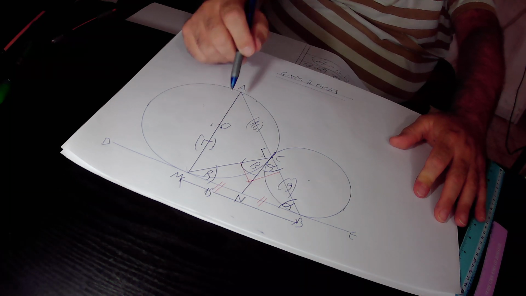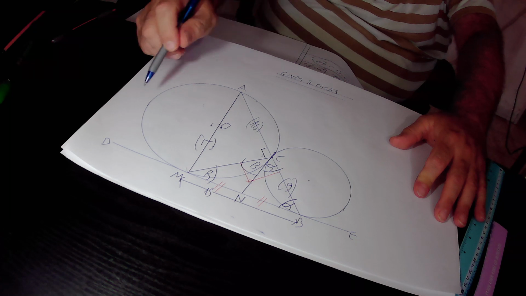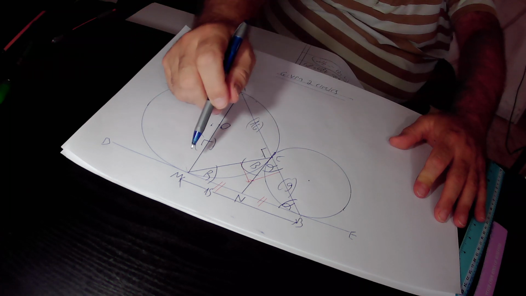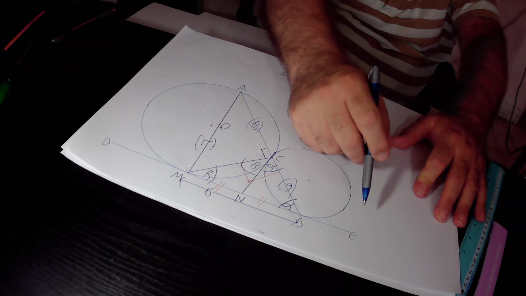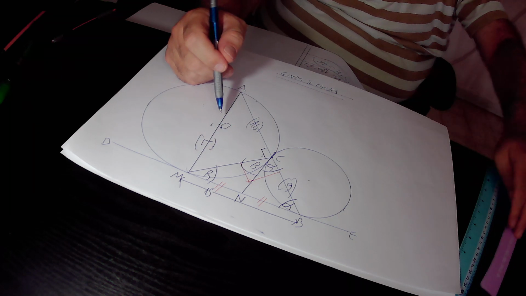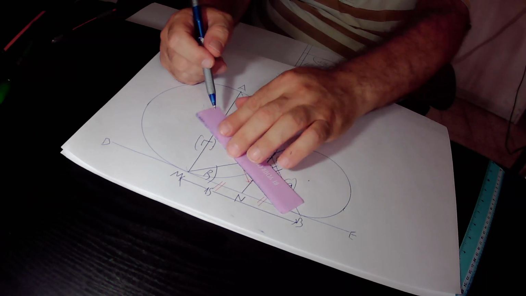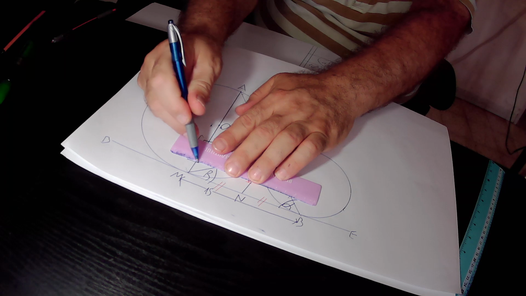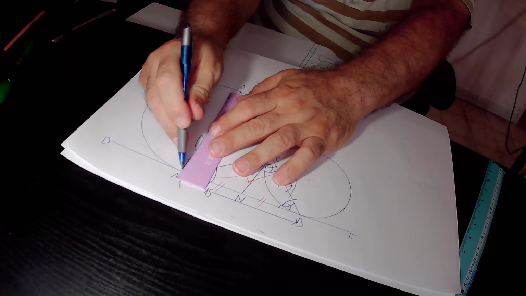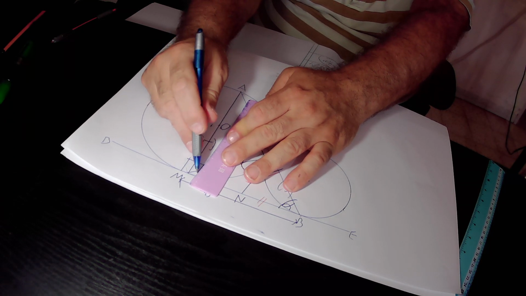Whenever you have a radius drawn to the point of tangency, the tangent DE is perpendicular to the radius MO. If DE is perpendicular to MO, this angle equals 90 degrees, and this angle also equals 90 degrees according to rule 1.